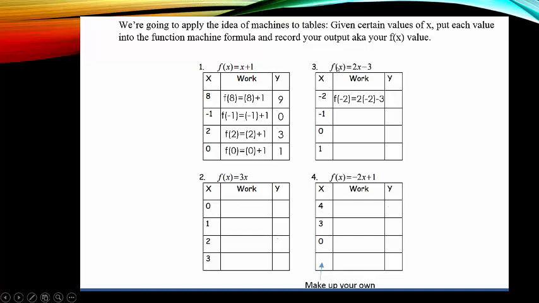And number 3, be careful. This is a new machine. There's a new formula, so you have to be using the 2x minus 3 formula.